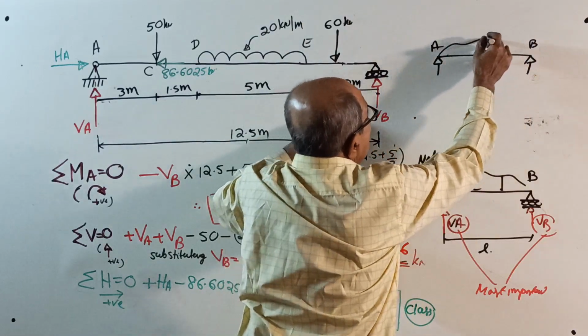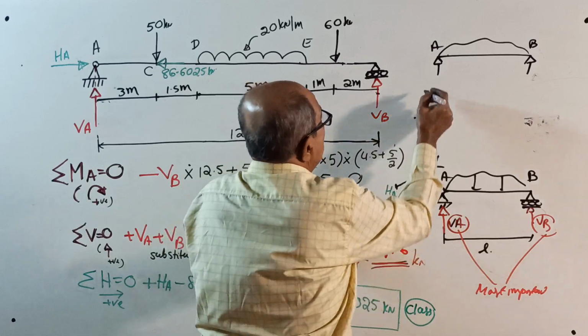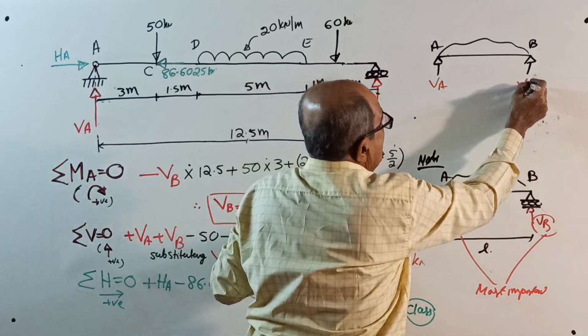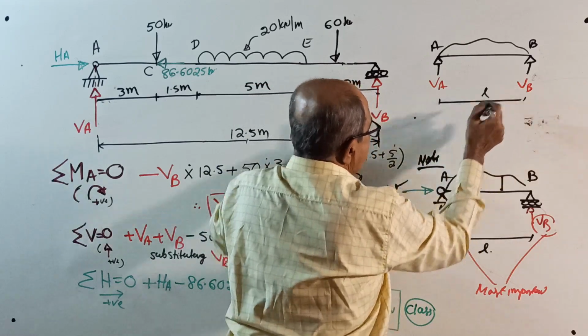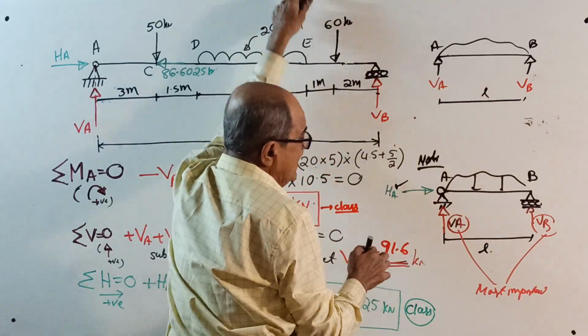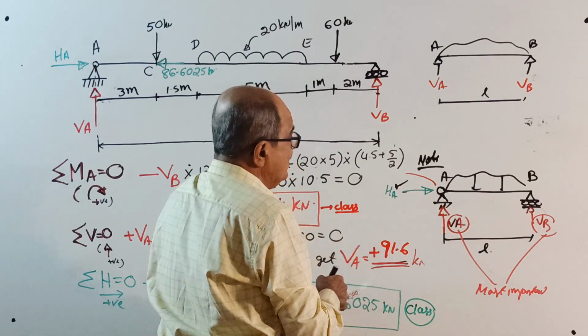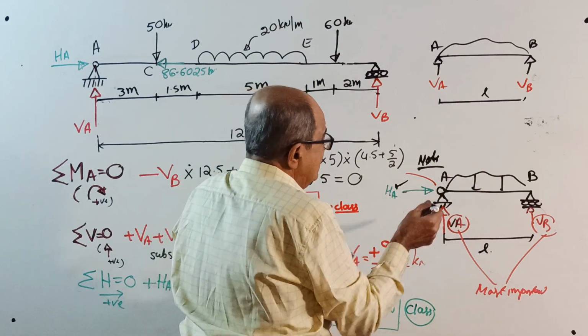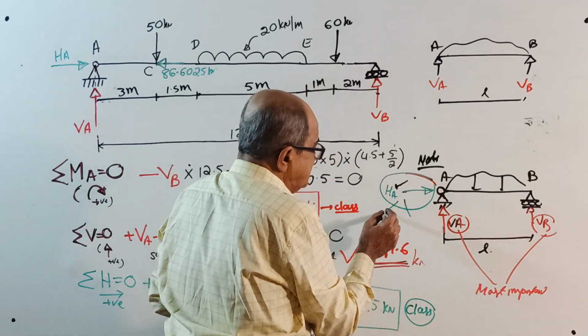Then some loading will be there. There will be a vertical reaction VA here and a vertical reaction VB here, span L. Both are the same, the only difference is that HA is there in one and not in the other. Anyway, this HA will come directly from sigma H equal to 0, so don't bother about it. For beams, we are not worried too much about this HA.